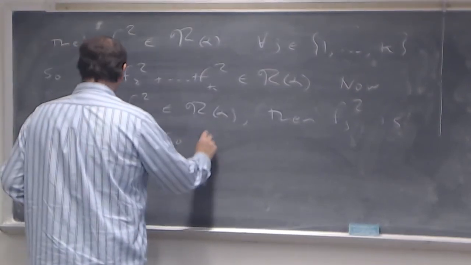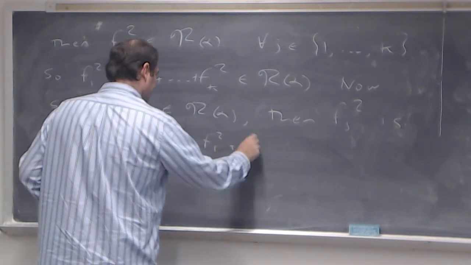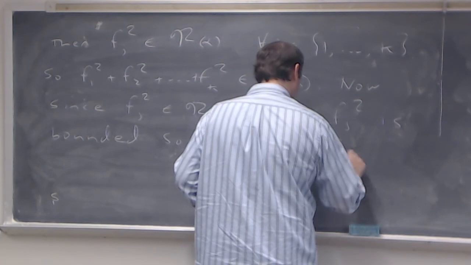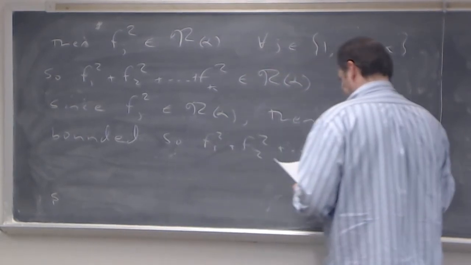So that means that f sub 1 squared plus f sub 2 squared plus all the way up to f sub k squared is going to be bounded.